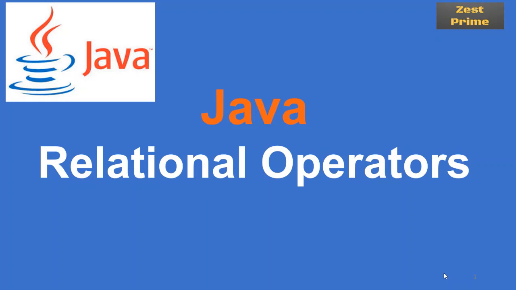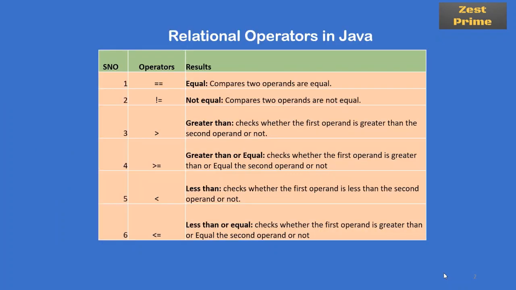Okay, so now we are going to see what are the different types of relational operators available in Java programming. If we see in the PPT, we have totally six relational operators available in Java: equals, not equal, greater than, less than, greater than or equal, less than or equal.